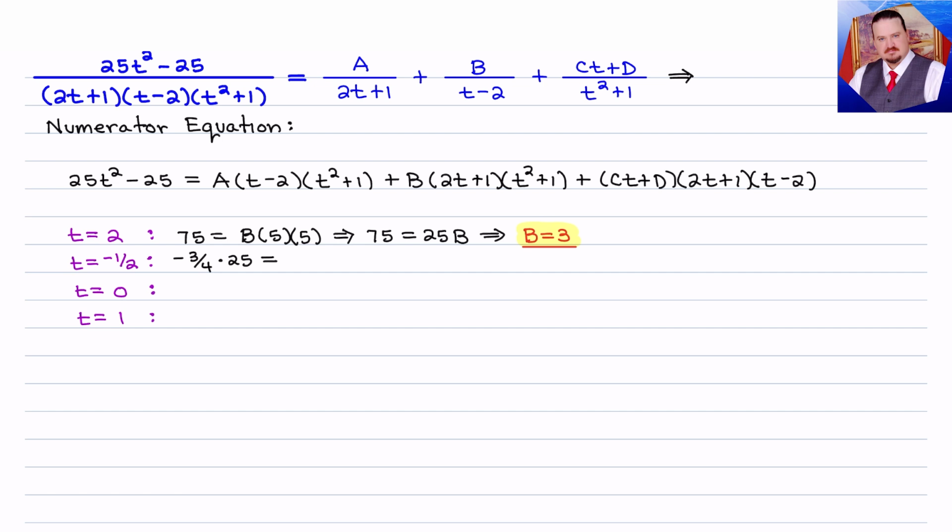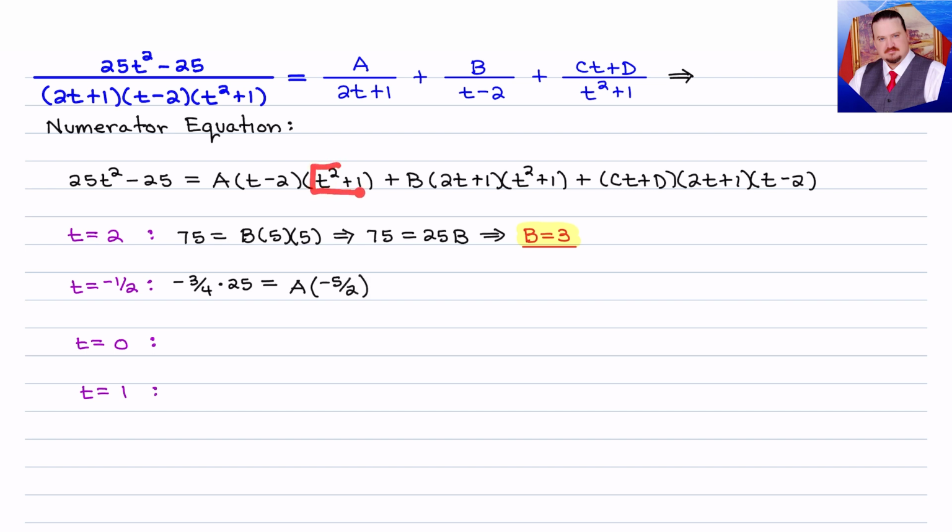So here we should get, what's negative 1/2 minus 2? That's negative 5/2. Again, I'm not showing this, I'm doing this mentally; you can do this at your leisure. Plug in the negative 1/2 here. Negative 1/2 squared is 1/4. 1/4 plus 1 is 5/4.